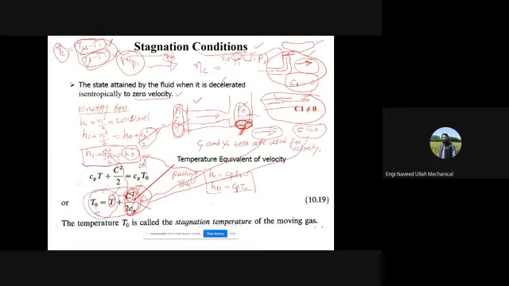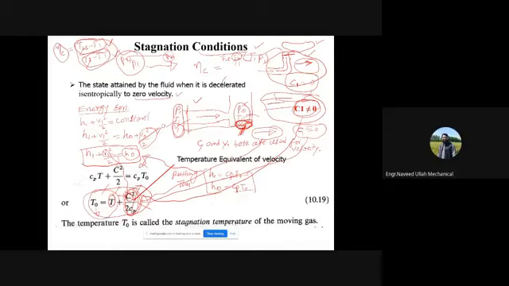But in reality, if the inlet velocity C is not equal to 0 but has some appreciable value, as we have in jet propulsion, particularly in a ramjet, then you cannot neglect this term. This will be your C1 square by 2.